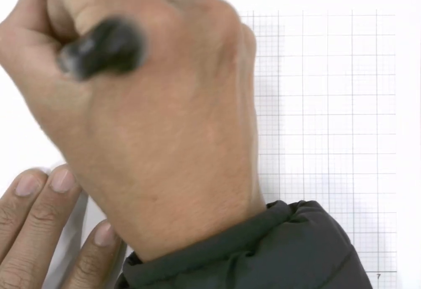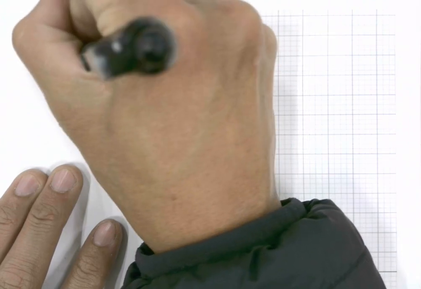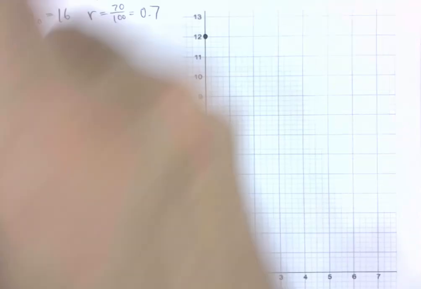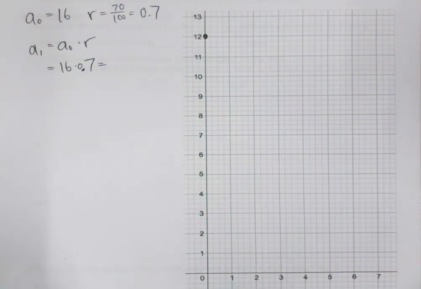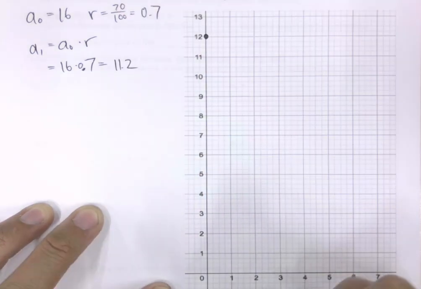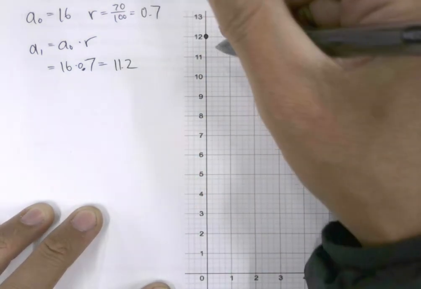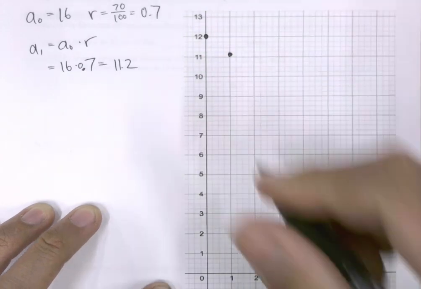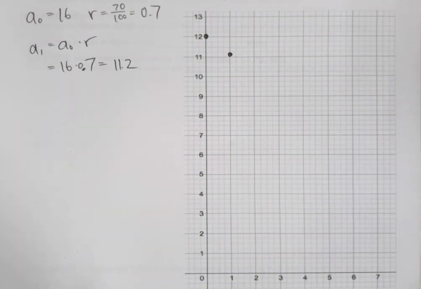So that's going to equal 16 times 0.7, and that is equal to 11.2. So at 1 bounce, we have 11.2 right there. Alright. And now what about at 2 bounces?